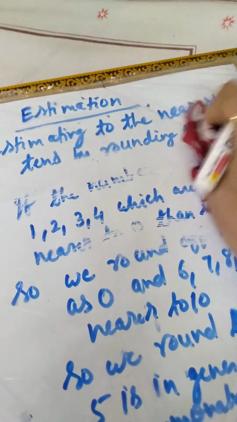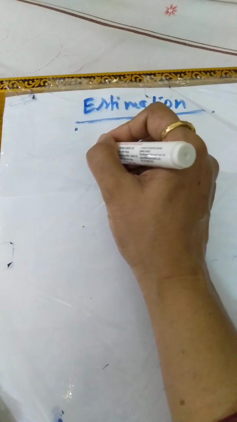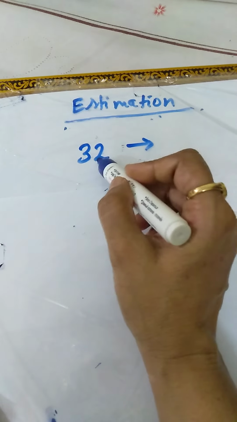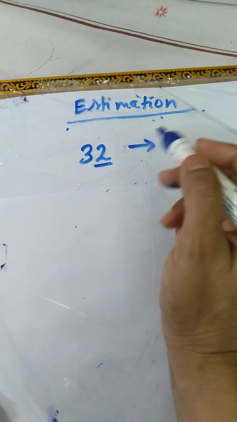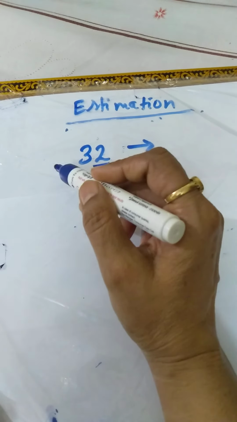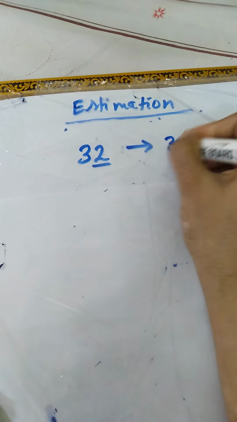So just see some examples of rounding off to the nearest tens. For example, if you want to round off 32, first we observe the ones place digit. Ones place digit is 2, that means it is nearer to 0, so we make it 0, that means it is rounded off as 30.